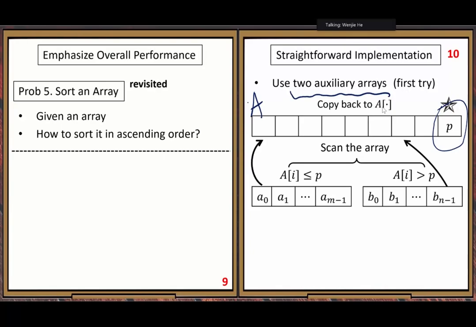We want to make the whole partition step more efficient. So what's the problem here related to efficiency, related to resource usage? Why is this first method not very good regarding the resource usage? The resource is memory.